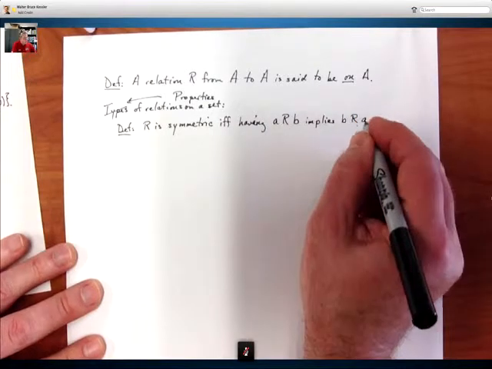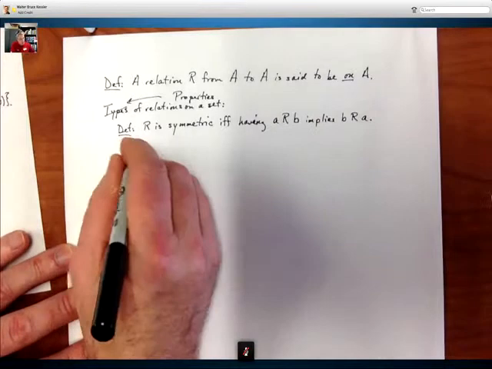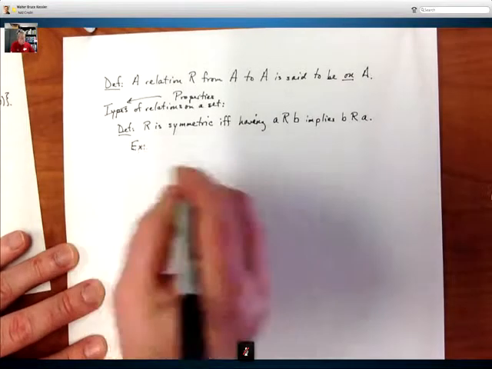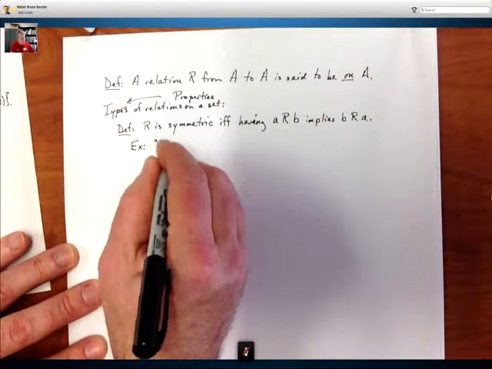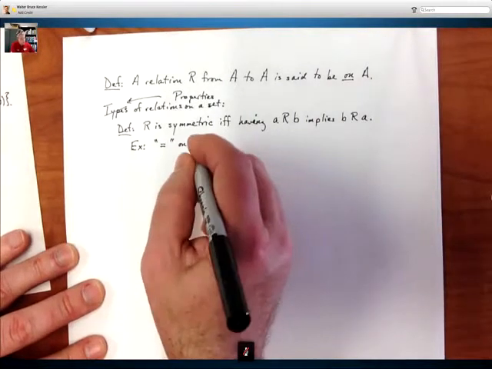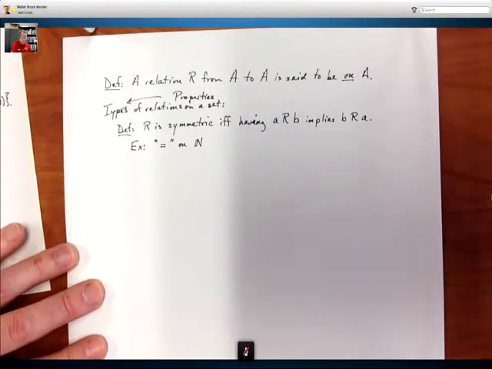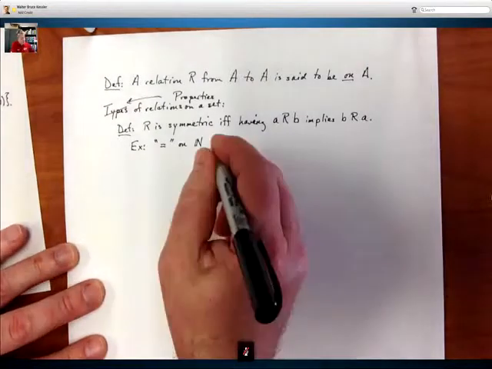Okay? An example of a symmetric relation: equals on anything, natural numbers.